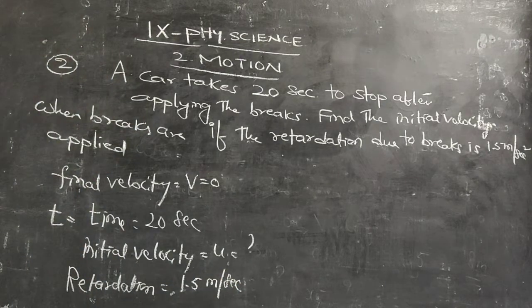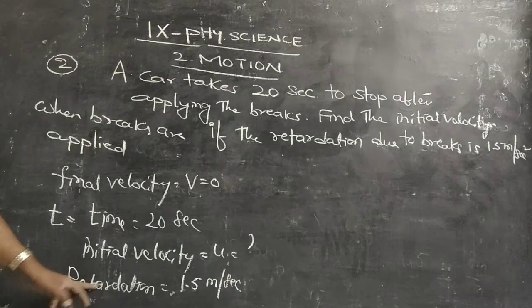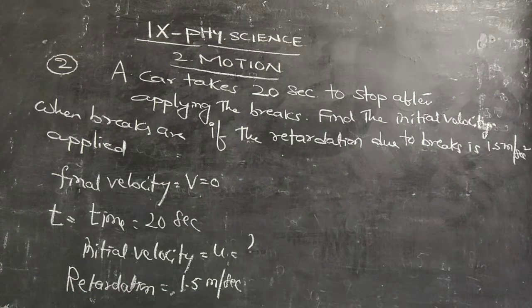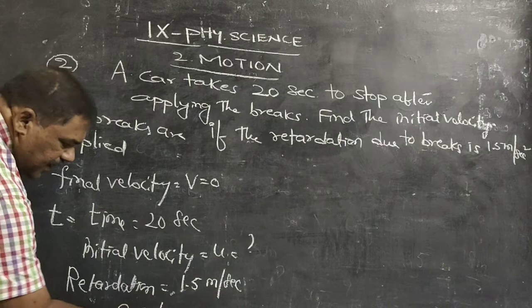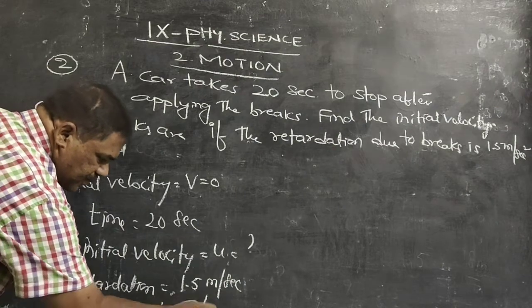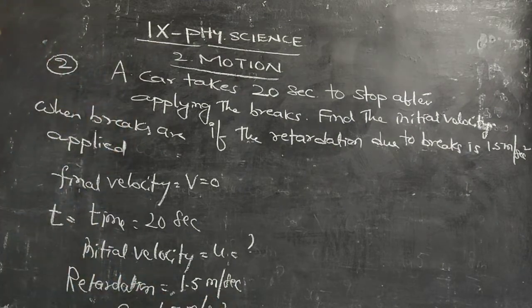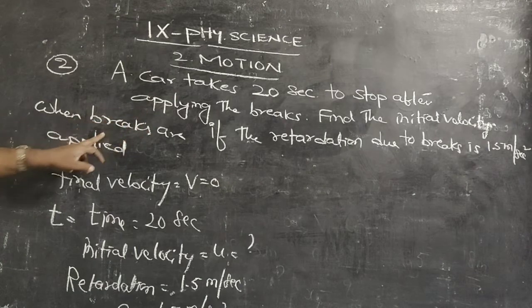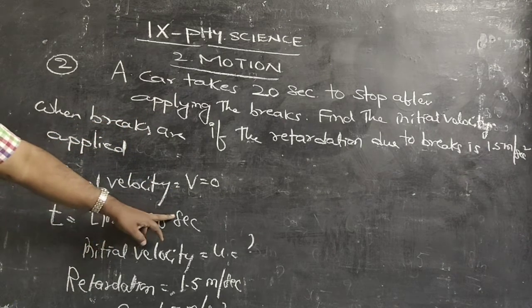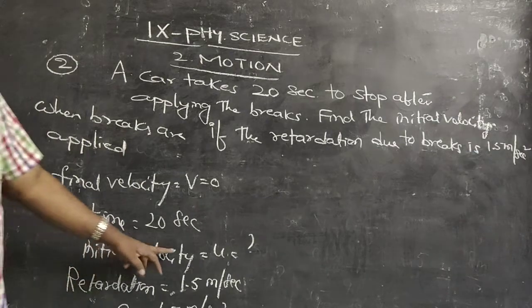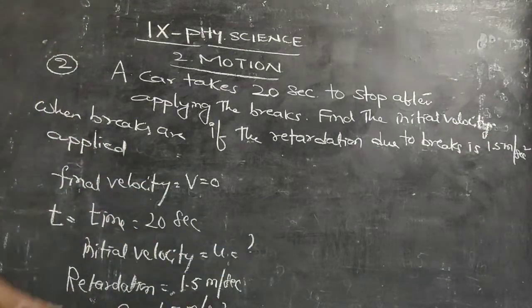Retardation and acceleration are equal in magnitude, but they have opposite sign. If retardation is 1.5, then acceleration will be minus 1.5. So when brakes are applied, final velocity is 0. Time is given as 20 seconds. Initial velocity u you have to find.